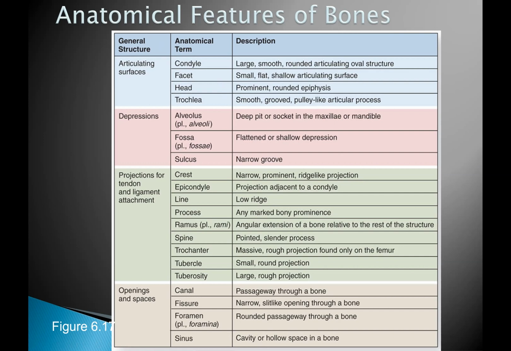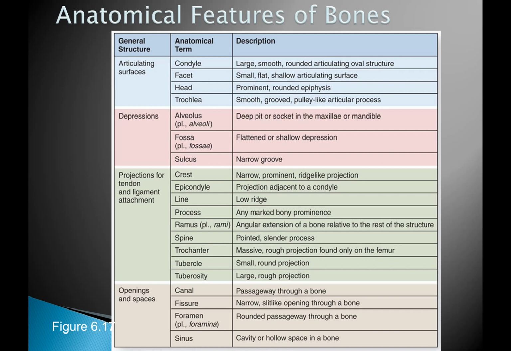A head is another round region, and trochlea is a groove. Whenever you see the word process when we're talking about bones, it's something that sticks out of the bone. Okay, so anything that projects out or sticks out is known as a process.